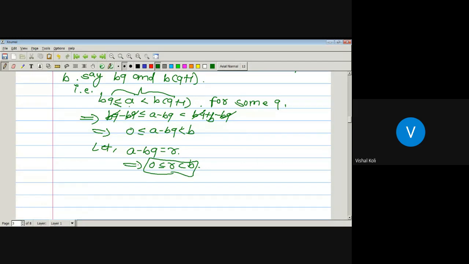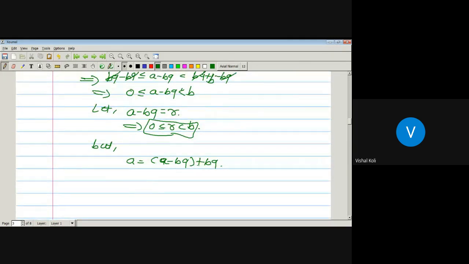But we can write a as a minus bq plus bq. The minus bq and plus bq get cancelled, so a is equal to bq plus a minus bq.